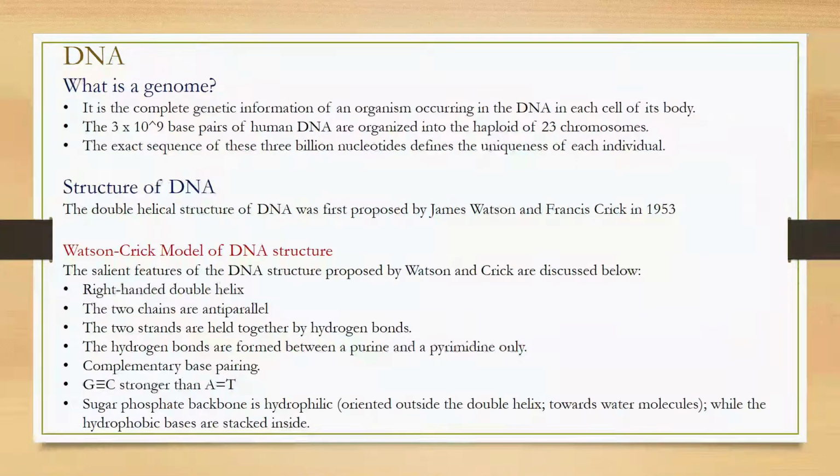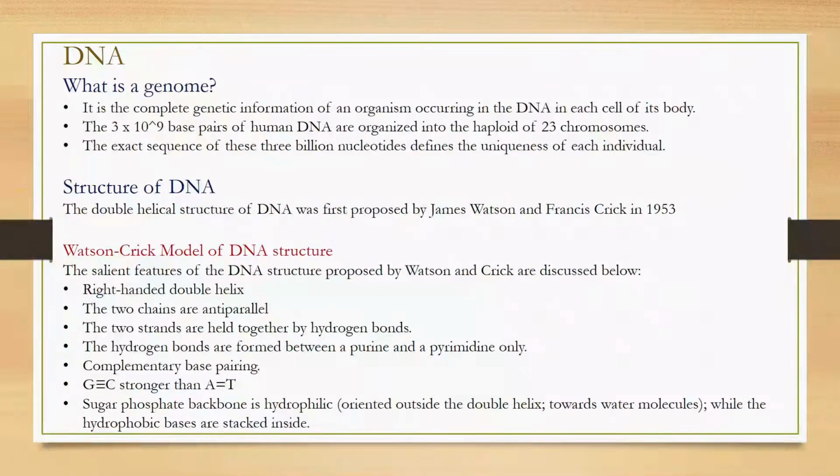Each nucleotide base of one strand is paired in the same plane with the base of the opposite strand. Three hydrogen bonds are formed between the purine guanine and the pyrimidine cytosine, that is GC or CG, while two hydrogen bonds are formed between the purine adenine and the pyrimidine thymine, AT or TA.